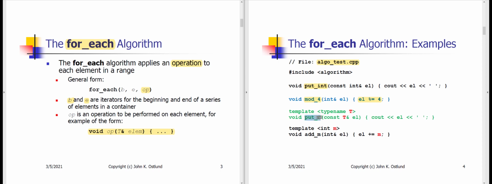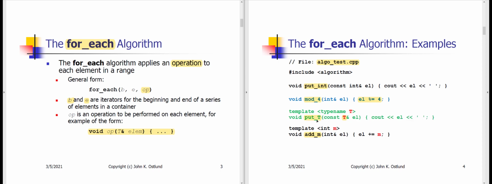We can also pass template functions into the for_each algorithm. And here I've created a template function, putT, which is able to take a reference to some arbitrary data type, constant, and whose job is to simply display that element value on the screen.